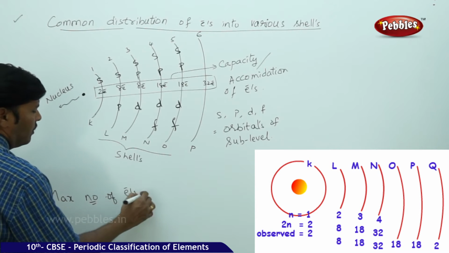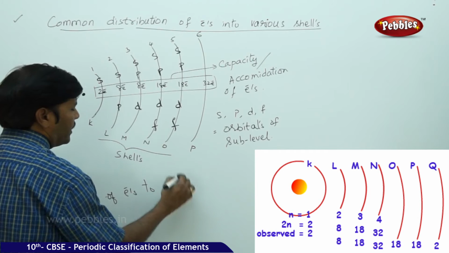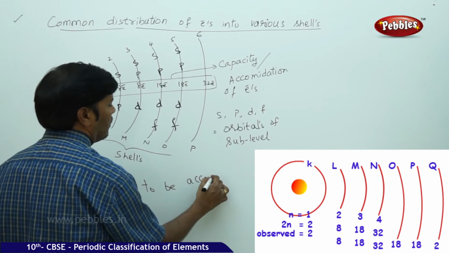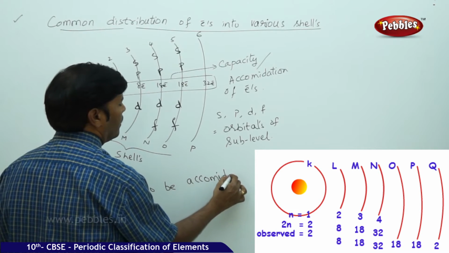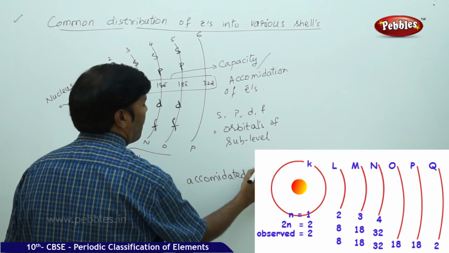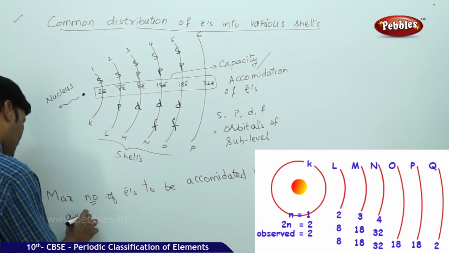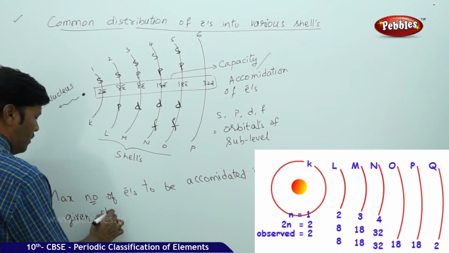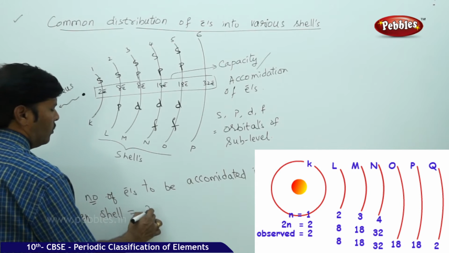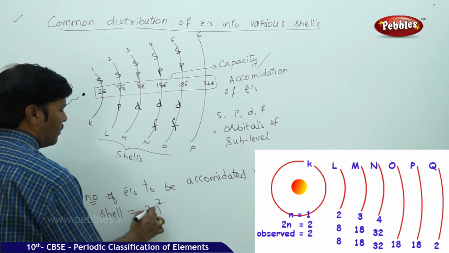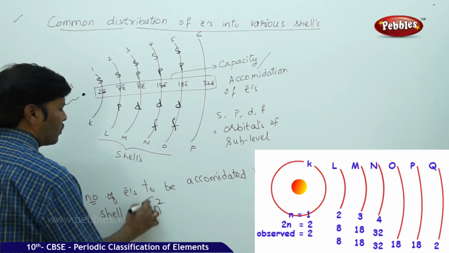Therefore, the maximum number of electrons to be accommodated in a given shell is equal to 2n square, that is, 2 into n square.